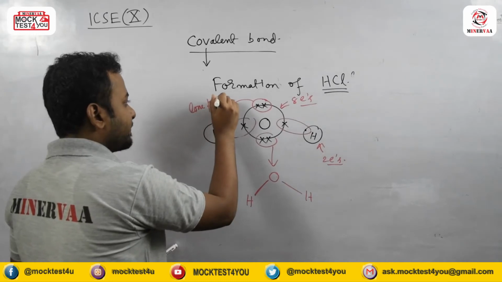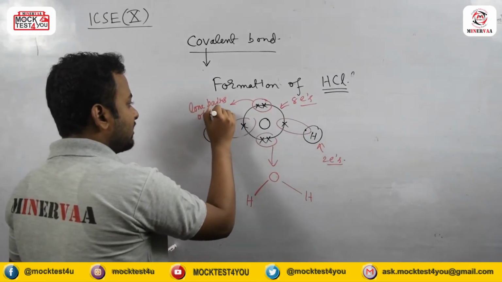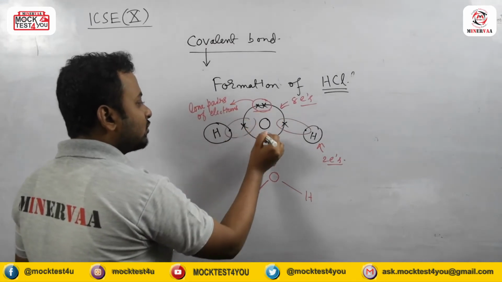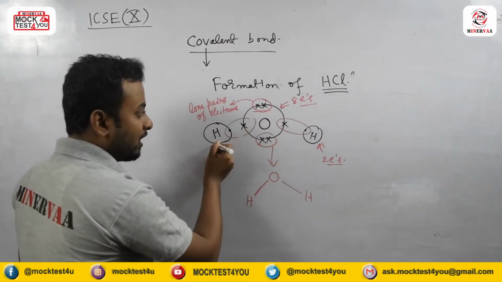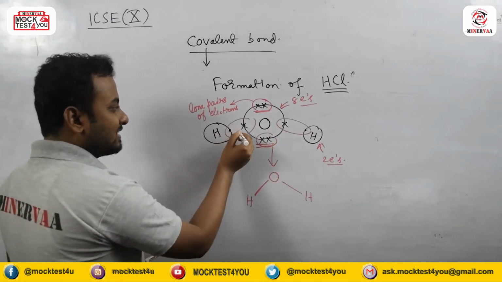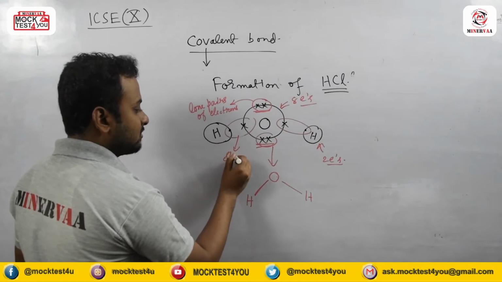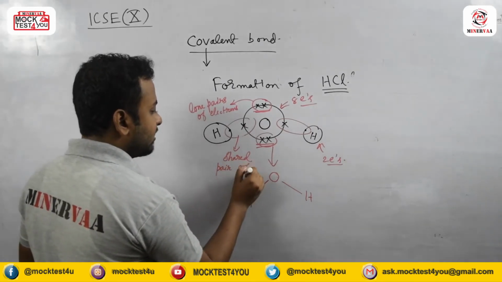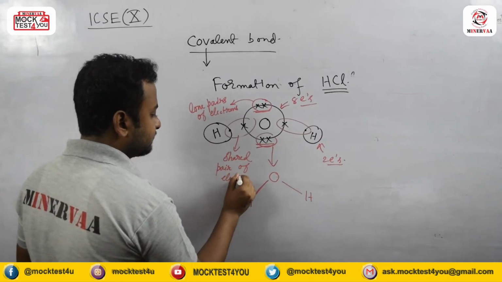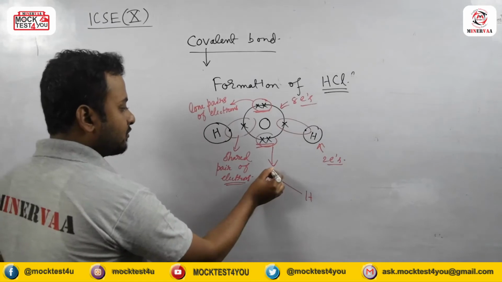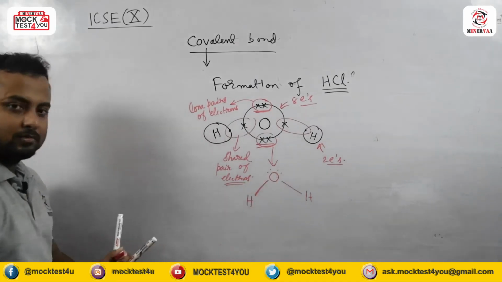So the water molecule has 2 lone pairs of electrons, and these are called shared pairs of electrons.